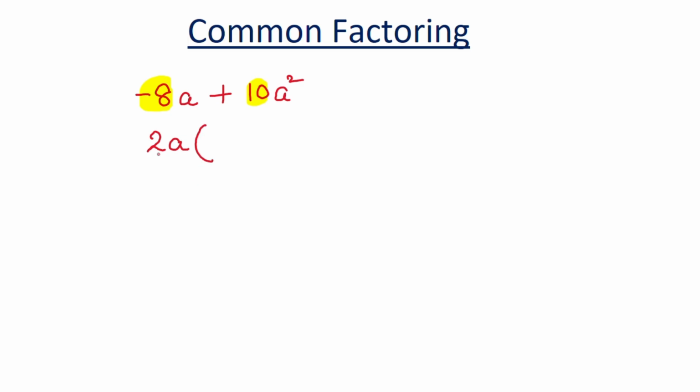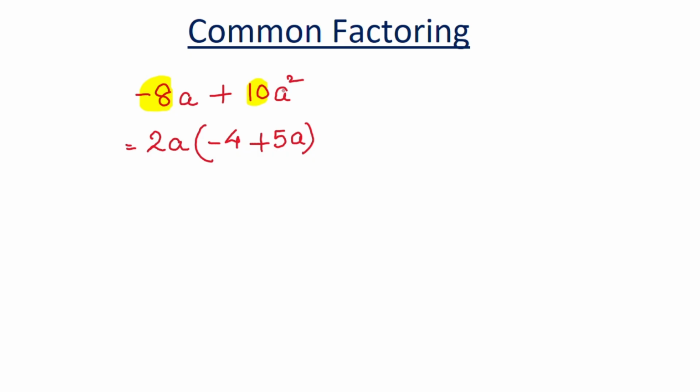So we can take 2a as the common factor, and inside the bracket, negative 8 divided by 2 gives us negative 4. A we have already taken common, and 10 divided by 2 is 5, so plus 5. And here we have two a's in multiplication, out of which we have taken one a, so we are left with an a. And this should be the final answer for the common factoring of this expression.